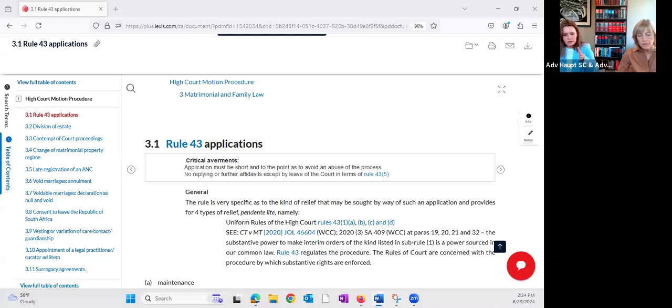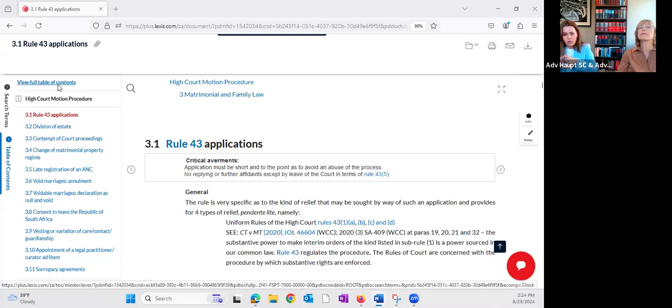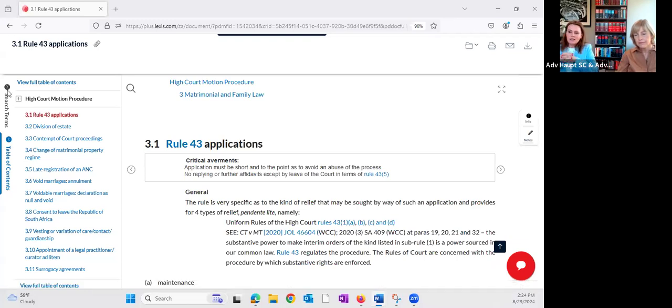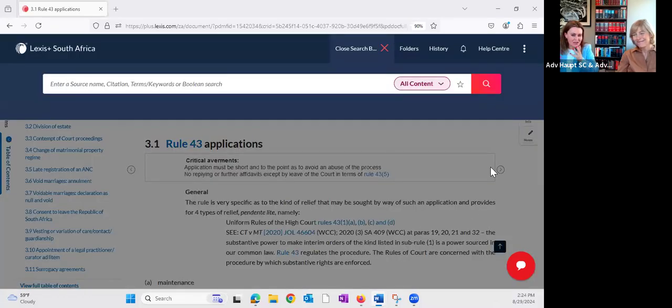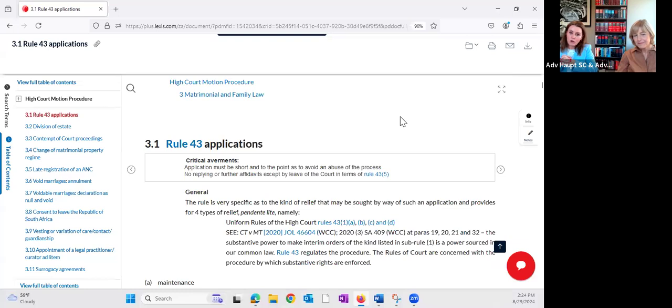Because there's only the set of affidavits, the 3 affidavits, in application proceedings, you stand and fall by the papers filed. So either it's in there or it's not in there. You cannot amend a founding affidavit. You can try and maybe soften the blow in the replying affidavit, if you want to be so bold because you've forgotten to address something in your founding affidavit.